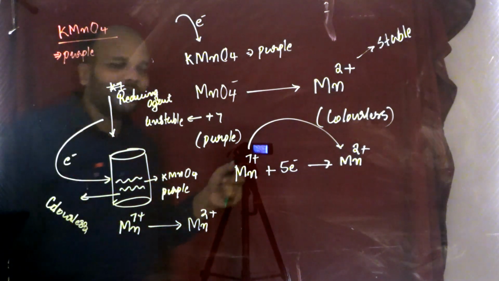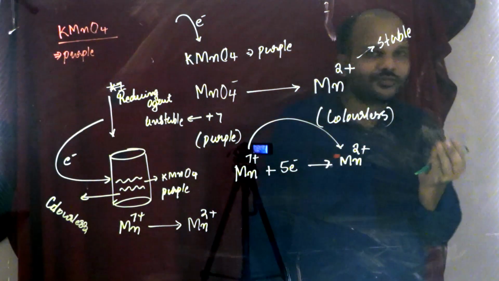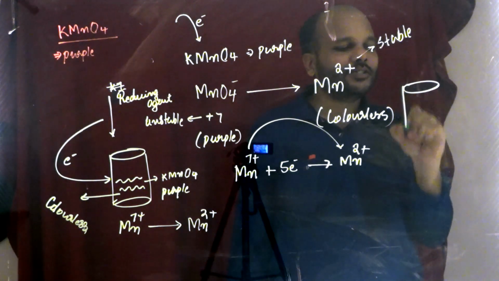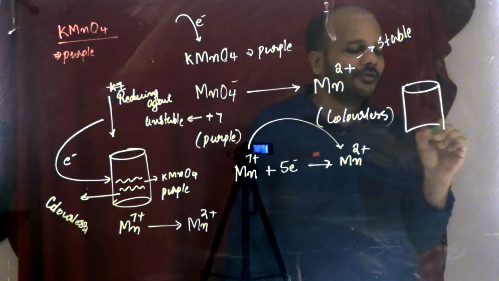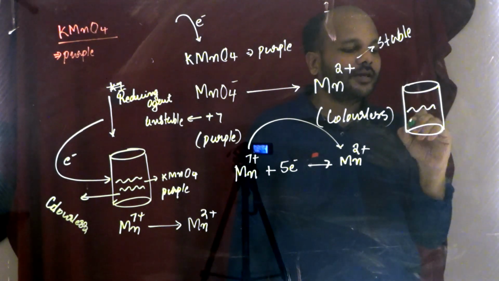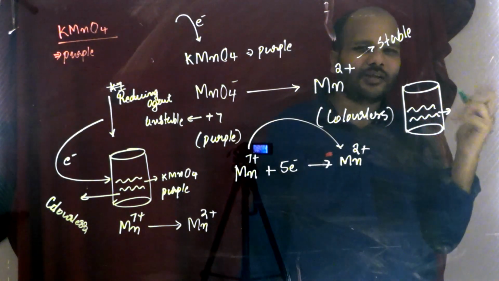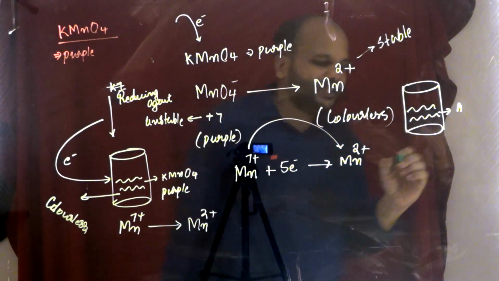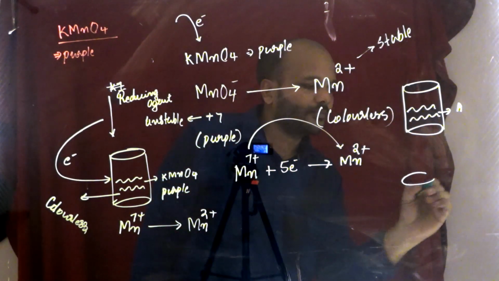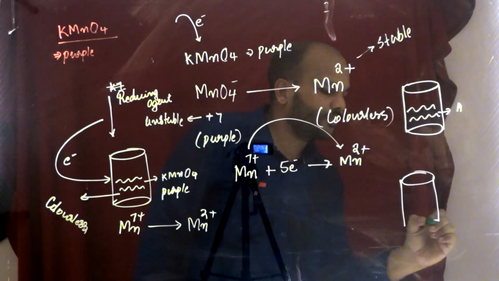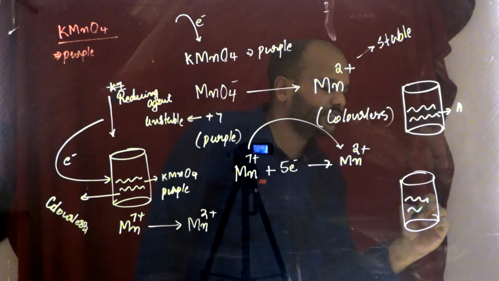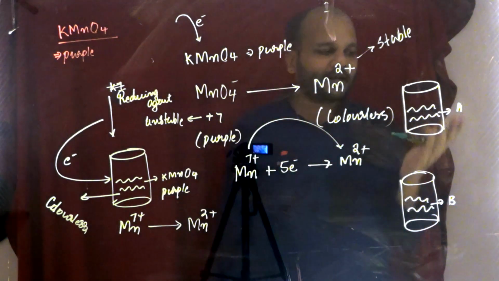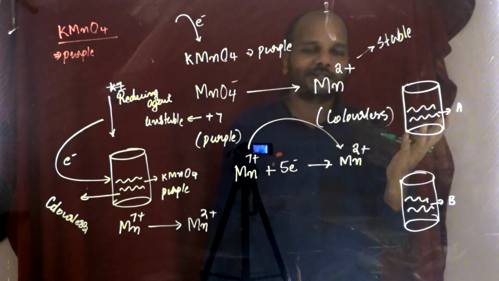Now, I gave you some solutions. One beaker has some agent, let it be agent A, and this is another beaker, agent B. We don't know whether it is alkali, acid, or any kind of salt solution.